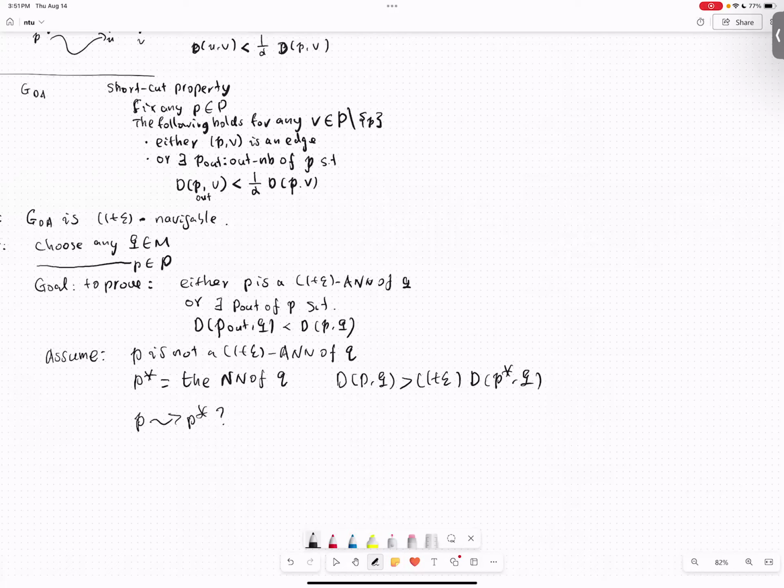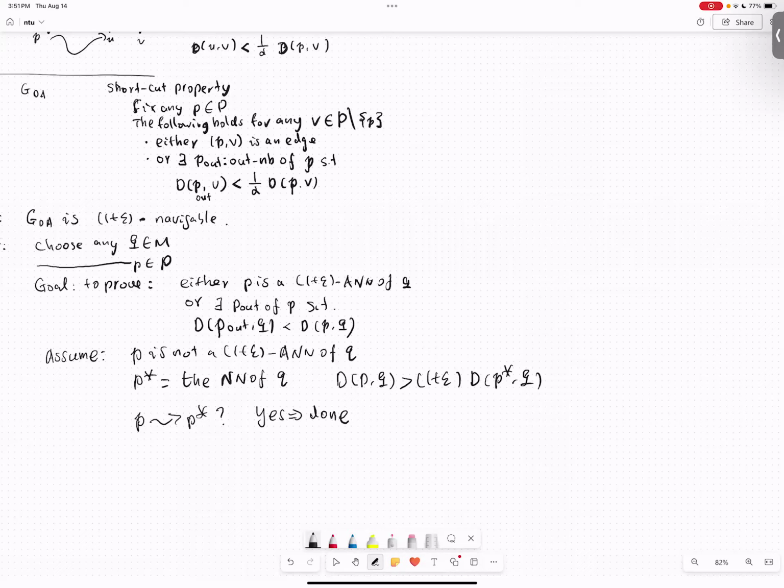We want to find a neighbor that can give us strict improvement, and P star is the best we could ever get. Of course that would be a strict improvement, because I am not the nearest neighbor, not even close. I am strictly larger than 1 plus epsilon times the nearest distance. So in this case, if yes, then we are done.